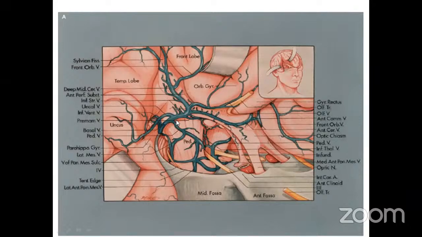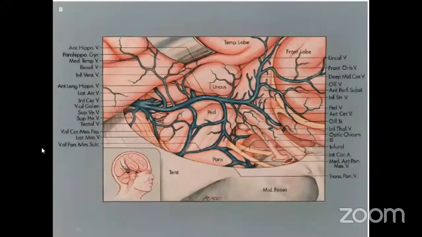Below the basal vein, there is another important vein that is known as the peduncular vein, and it drains in the basal vein. Now in this image, this is the lateral view from the right side, and in this image the temporal lobe has been retracted, as we can see in the inset.